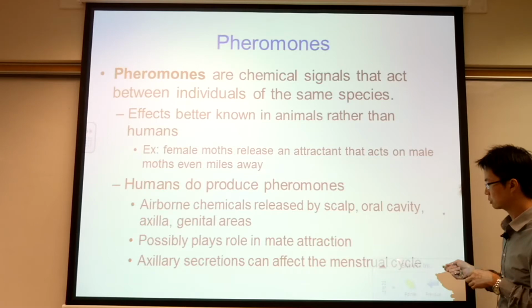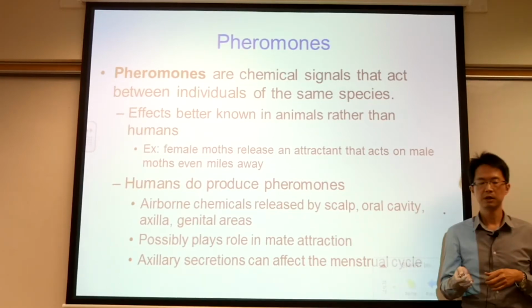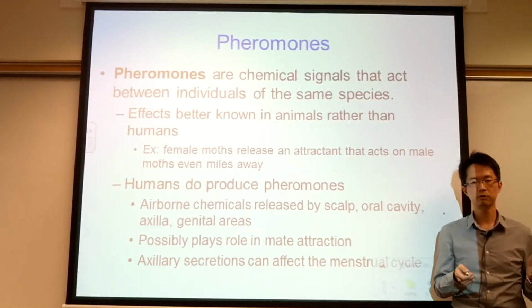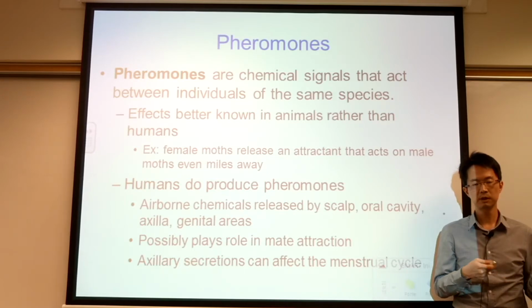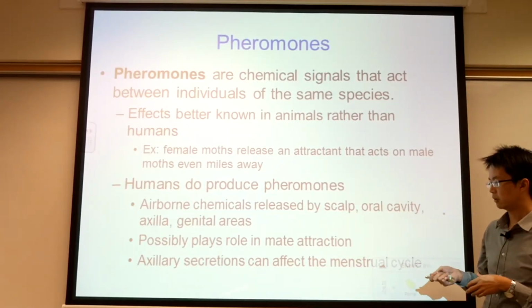This is something that is well studied, well publicized: if you put several female college students to live in the same dorm room, then eventually their menstrual cycles will be synchronized. This is an example of the pheromone.